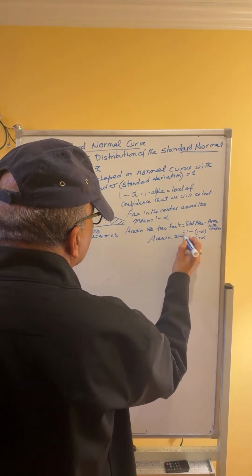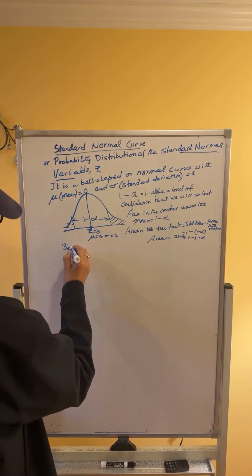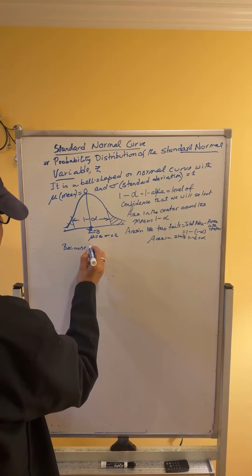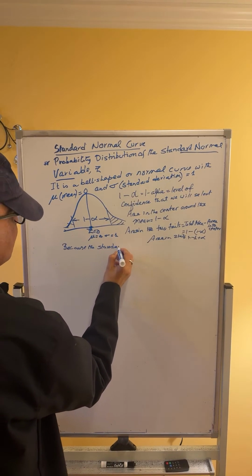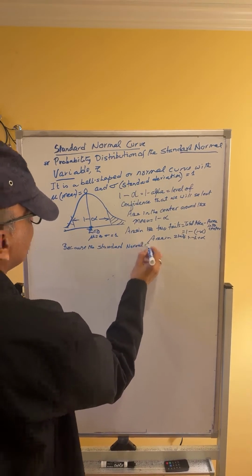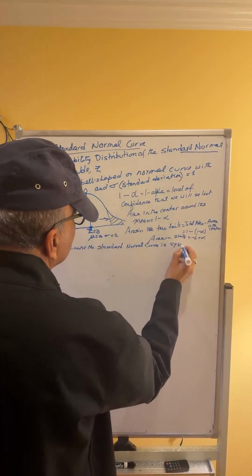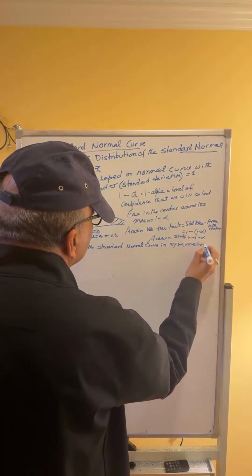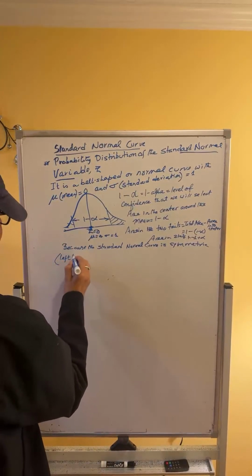Because the standard normal curve is symmetric. What does symmetric mean? Symmetric means the left half is equal to the right half.